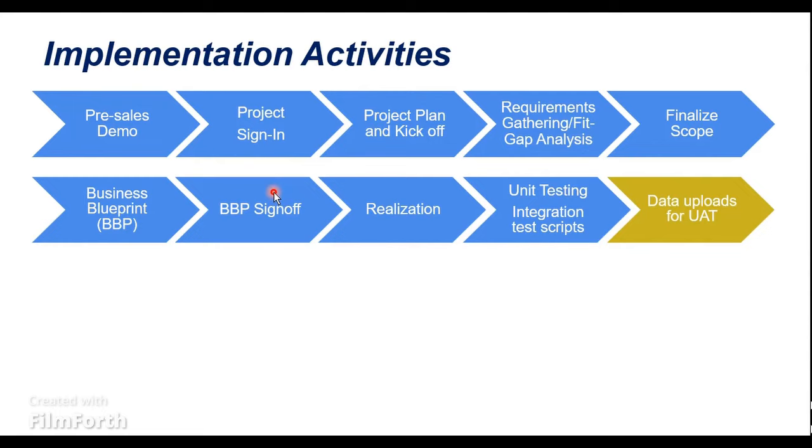Okay, so in that case, we have to revise the BBP again and see whether that particular requirement fits into the SAP solution or the process that we designed in SAP for their business process. Right? So the revised document will be again submitted with a new version, and then the sign off will be done on that particular revised document. So let's assume that the BBP has been signed off, and then the realization starts.